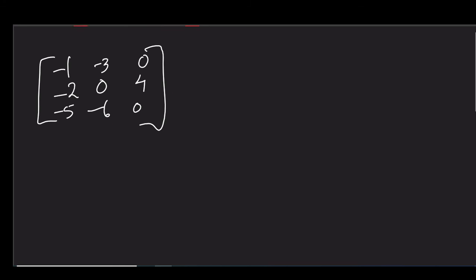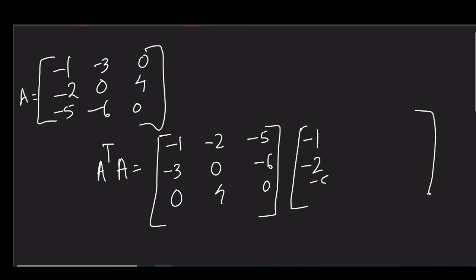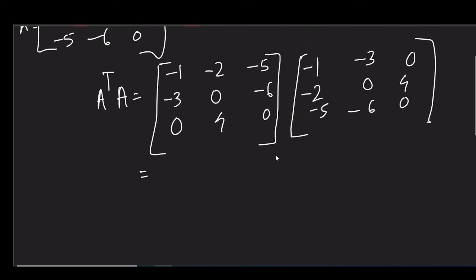You have to figure out this is A, so you first have to find A transpose A. If you do it, you will get 1 square plus 4 square plus 5 square, so it will give you 30.